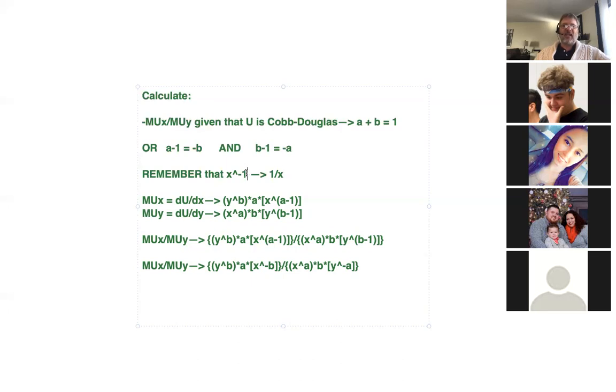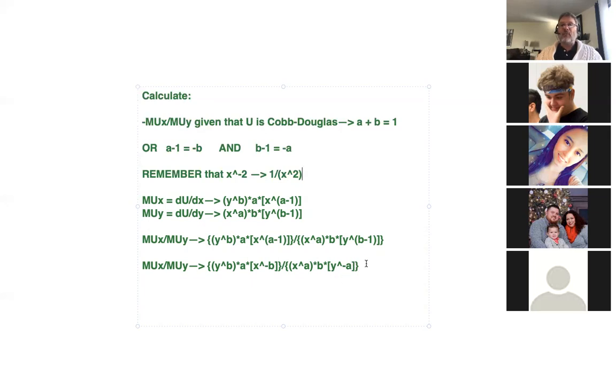And if I was to say x to the minus 2, then it would be 1 over x squared. Do you remember that, Derek? Yep. And what about you, Miriam? Yeah.